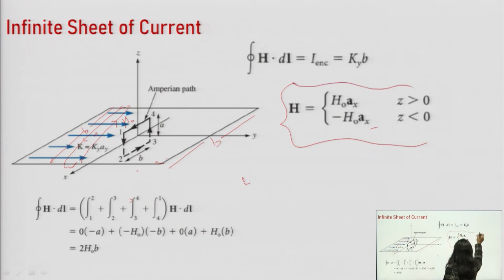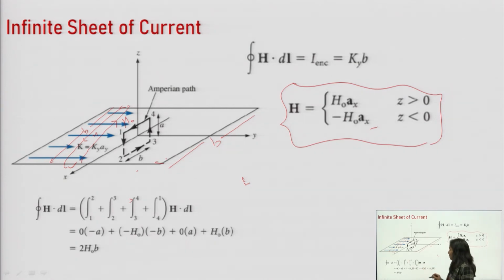Now we will apply Ampere's law on this Amperian path, which we have already defined. As this path is not symmetrical, having length as well as breadth, we will apply Ampere's law individually for each side.